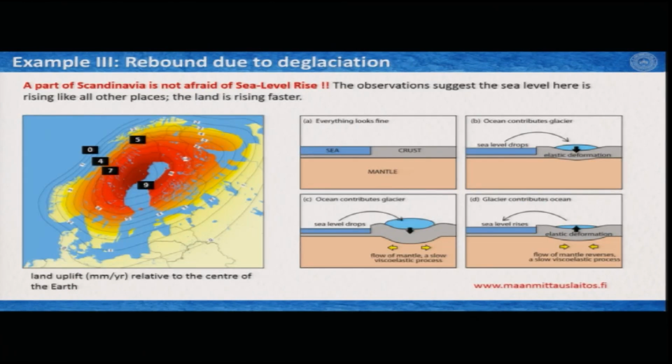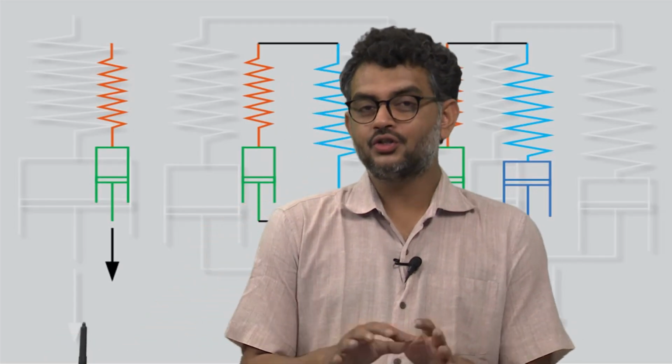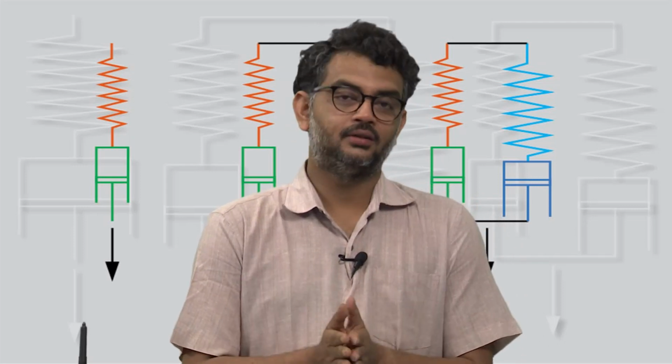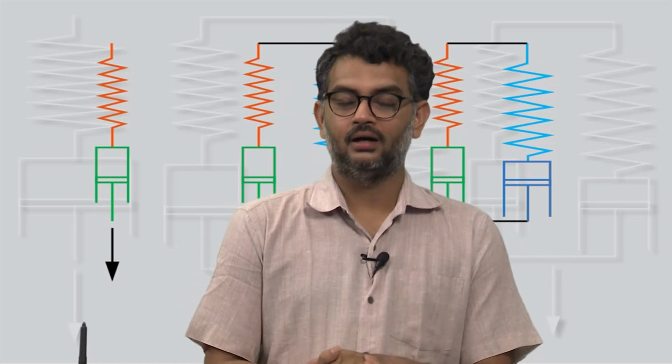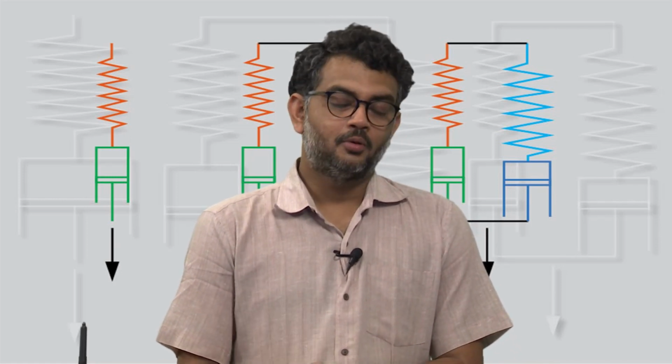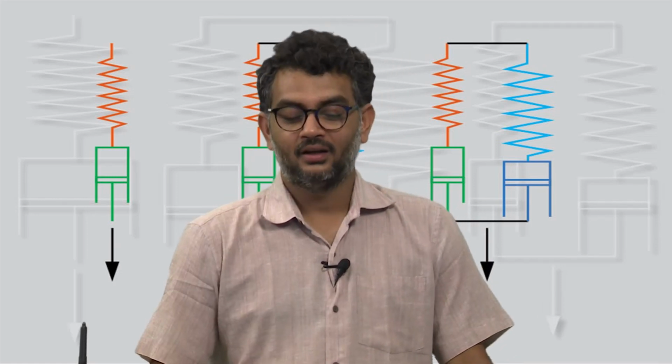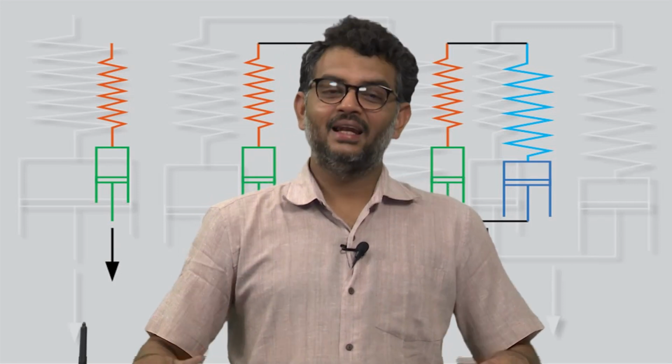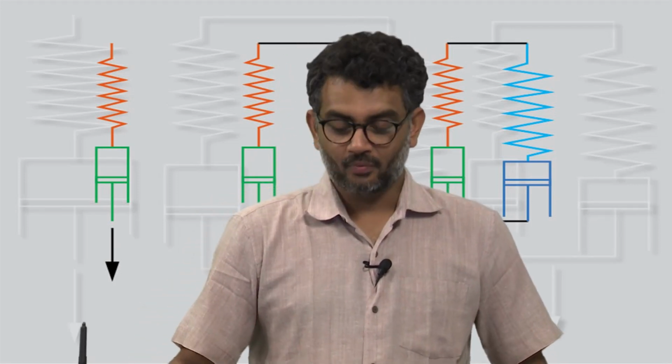The last example that I would like to give is related to deglaciation and rebound due to deglaciation. Now, we know that most of these lands, the continents, are under the threat of sea level rise, but there is one place in the world where sea level is going down.